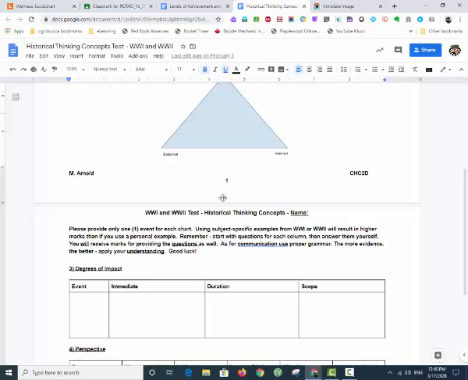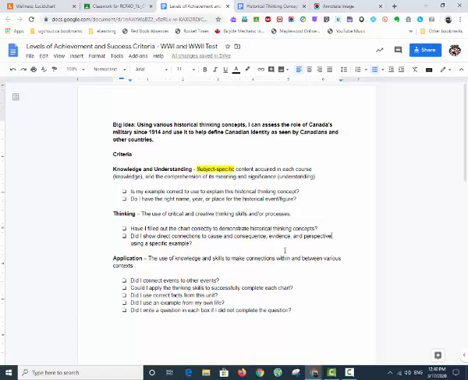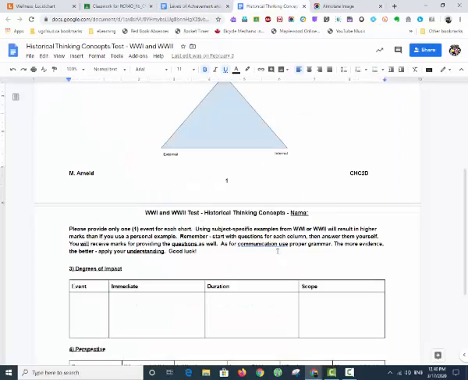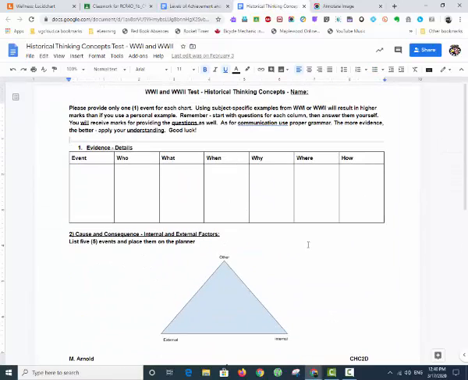So for this, the students then were able to apply really any event from the unit that they had the most understanding about. They could even use the same event for every single example here, but they wouldn't achieve a level 4 on their knowledge because they only used one event instead of a number of events.